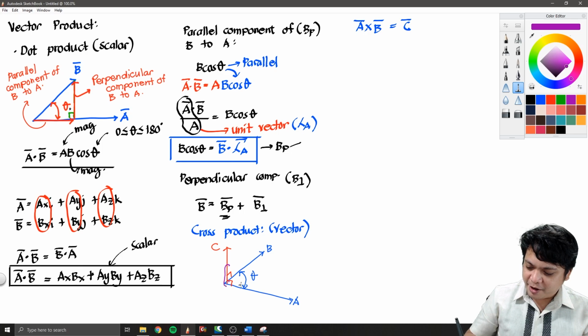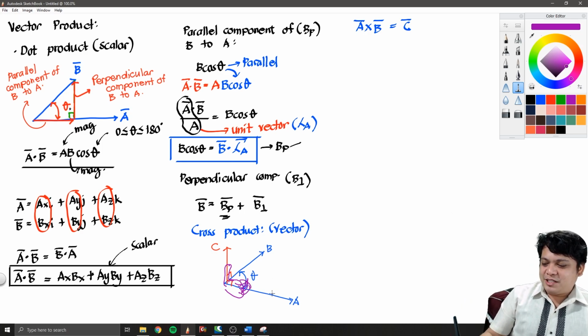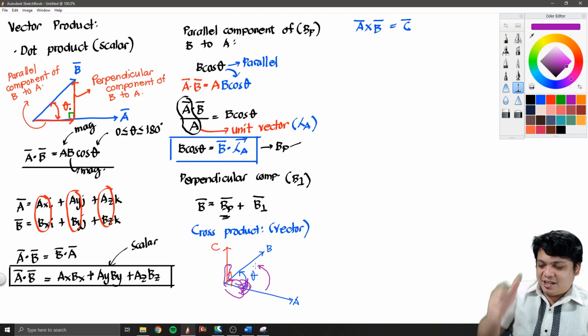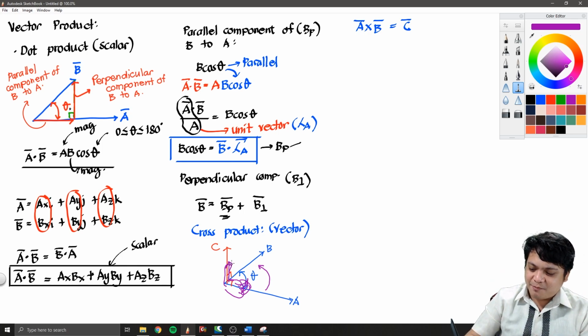Sorry for the kamay. Hirap eh. Ayan. Ganyan. Okay. Ayan. Basta pag ganun yung kamay. So, magsisimula ka kay A, towards ka kay B. Okay. From A to B, yung right thumb mo, yun yung magiging direction ng C. Okay, ito. Kaya nakataas yung right thumb mo, no?